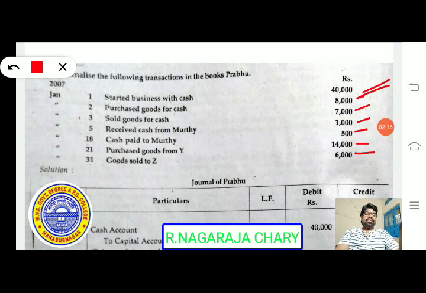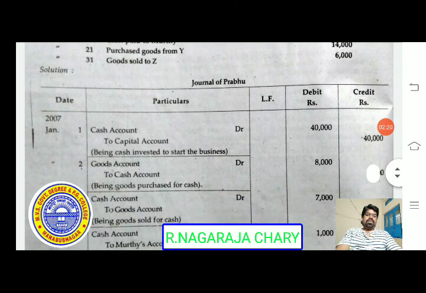Now we see the pro forma will be like this. The pro forma is journal entries of Prabhu. Here we have 5 columns: first column date, second column particulars, third column ledger folio, debit rupees and credit rupees.